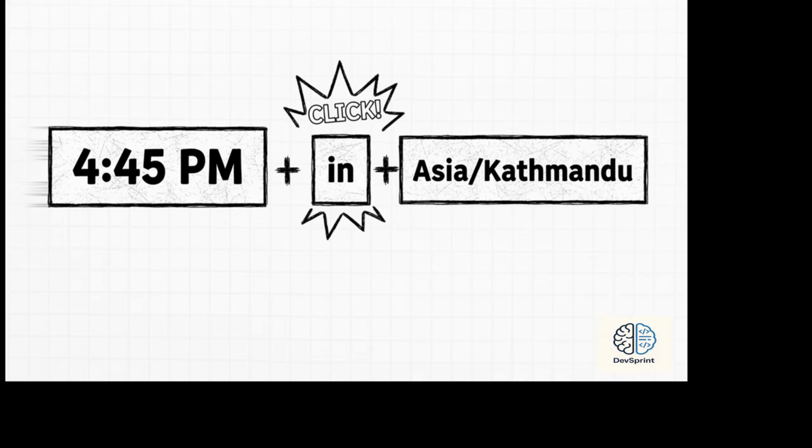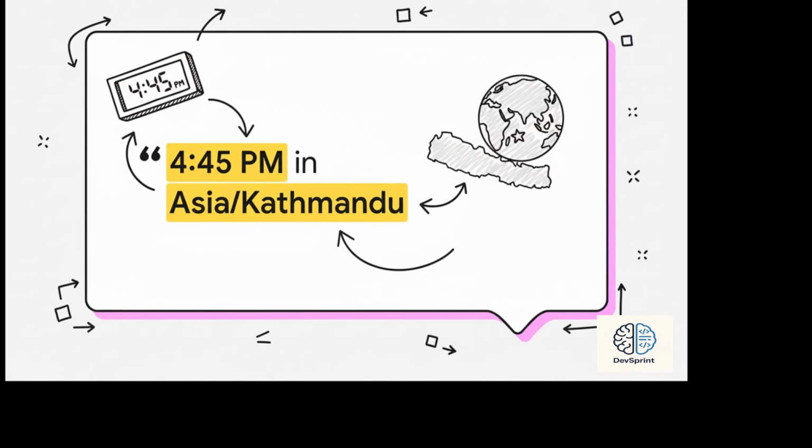It's just a fancy word that means linking things together in a chain. And check it out. Here's what we get. The program grabs the latest value from time, which is 4:45 p.m. Then it tacks on the text in, and finally, it grabs the latest value from time zone, Asia/Kathmandu. And just like that, we've built a full, meaningful sentence out of a few different pieces.